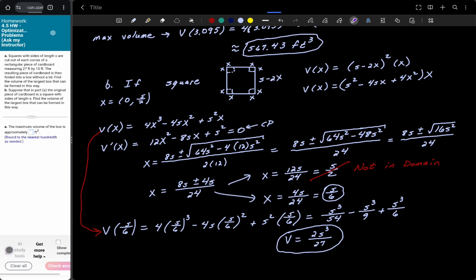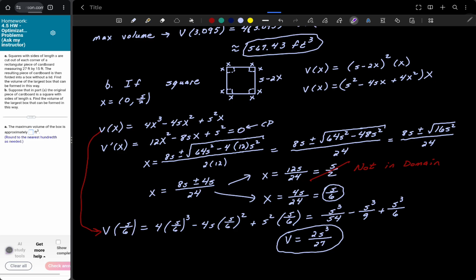Just like the specific case, I need to take the derivative of that to be able to set it equal to 0 to find my critical points. Taking the derivative, I got 12x squared minus 8s times x to the first, and then plus s to the second for the third term.